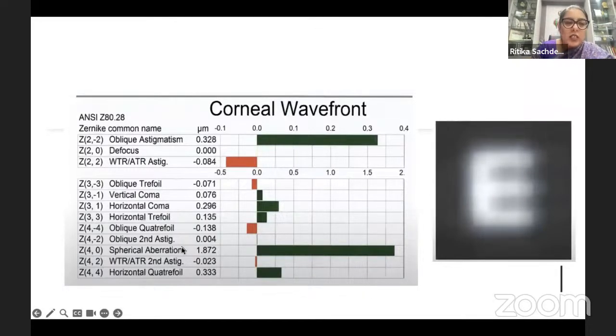So you see here, this is the fourth order aberration on the Zernike, Z4, spherical aberration. This is a post-myopic standard LASIK scan of a traditional LASIK. And you see that there is a tremendous increase in the positive spherical aberration. This is an earlier LASIK when wavefront optimized and other aspheric profiles were not as available.